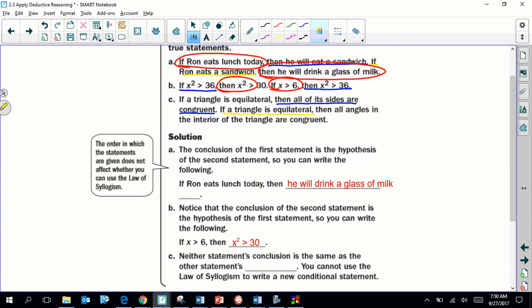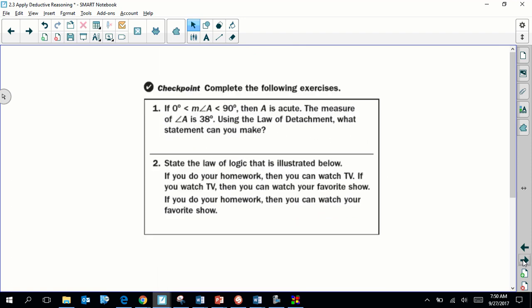In these statements, neither has a hypothesis and conclusion matching the way they did in example A and B. So because neither statement's conclusion matches the other statement's hypothesis, we can't use the law of syllogism to create a new conditional statement.